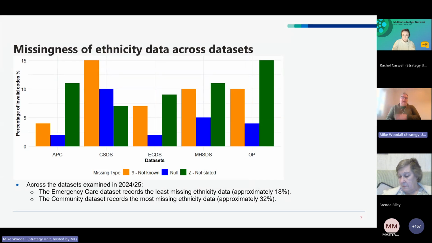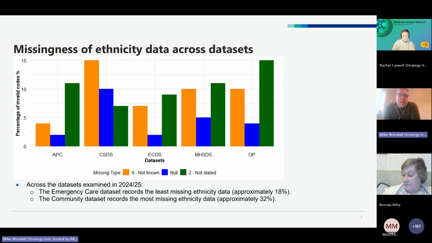In terms of the data quality, I think we used 24-25 data because that was the full year that we could see at the time. What we looked at is not just those that were null values in the data set, but those that were coded as not known or similar coding.